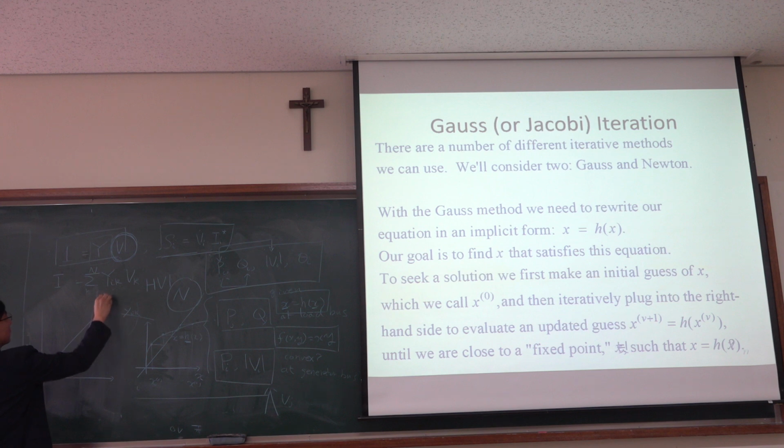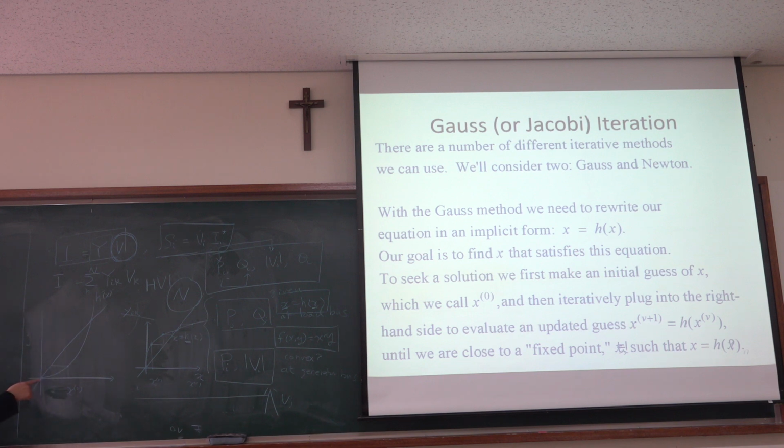This is h of x. This is another fixed point. But if you apply this Gauss iteration and you start from here, x0, then evaluate the function, it gives you this value, and it goes to that point.